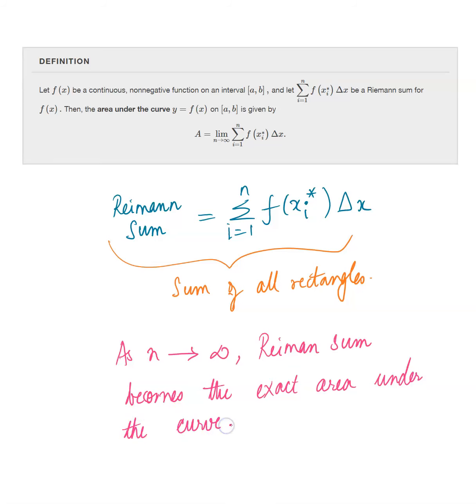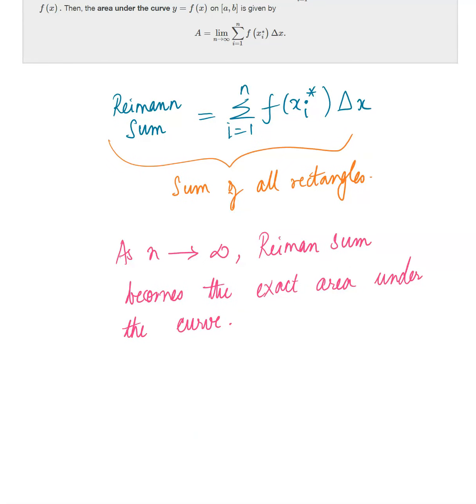Remember, we've been doing approximation all along, but we're saying if you allow n to go to infinity, so you have infinitely thin, extremely thin rectangles, then you're basically looking at the area under the curve. Does that make sense? And so that is what we mean by A equals, this is the Riemann sum, and in front of the Riemann sum we take the limit as n approaches infinity.